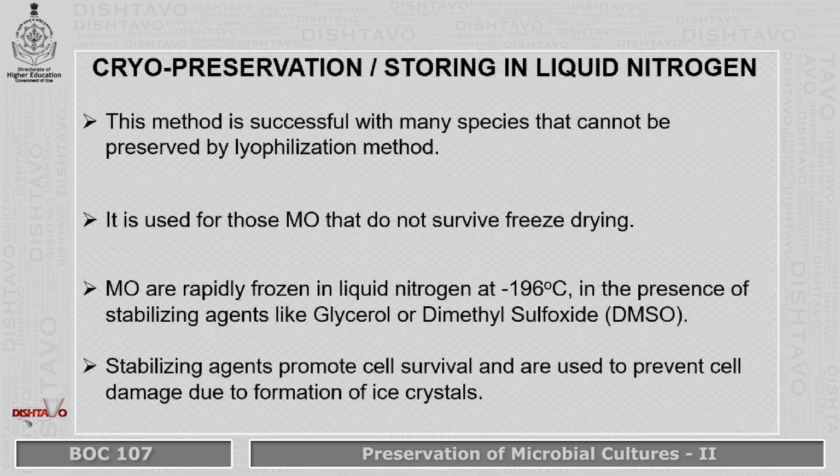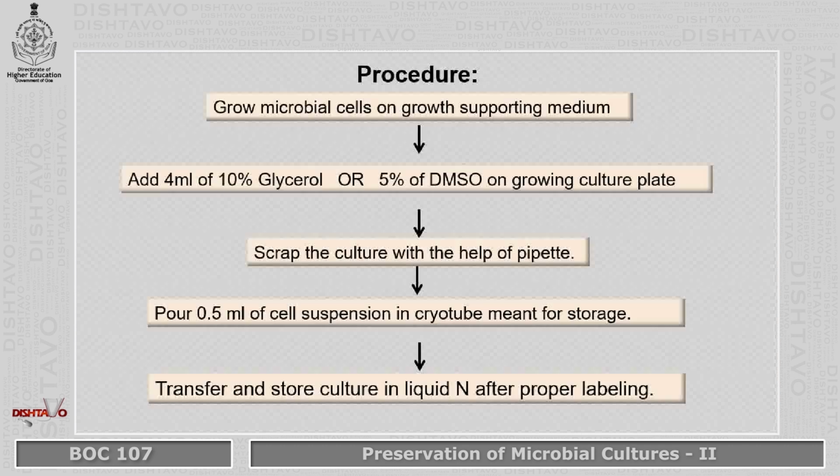Microorganisms are rapidly frozen in liquid nitrogen at minus 196 degrees Celsius in presence of stabilizing agents such as glycerol or dimethyl sulfoxide. Now, these stabilizing agents promote cell survival and are used to prevent cell damage due to formation of ice crystals during this process.